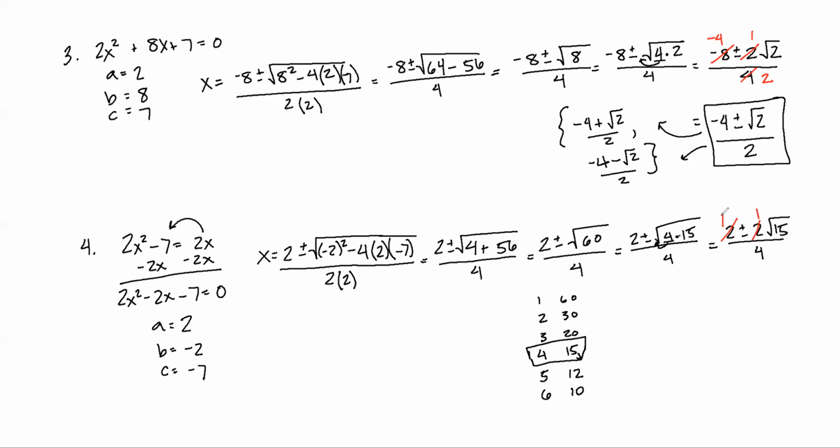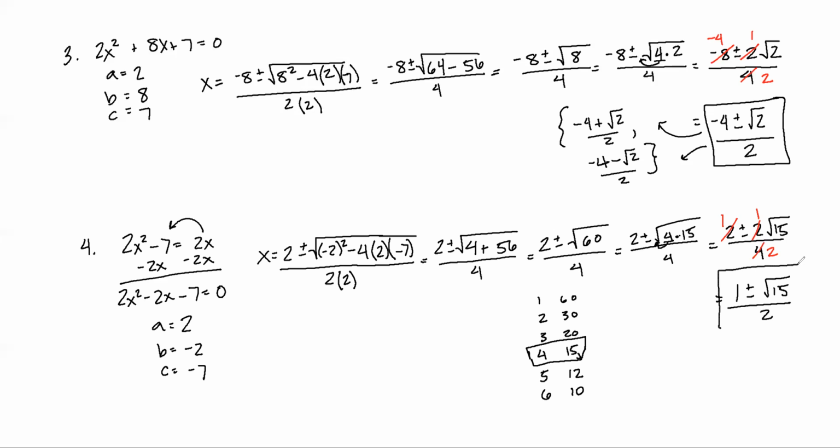So include the 1 in the front. You don't necessarily have to include this one. If you want to include the second one here, just so you're in the habit of keeping it, go for it. And then on the bottom, 4 divided by 2 is 2. So now finally, we're going to have 1 plus or minus 1 square root of 15 all over 2.